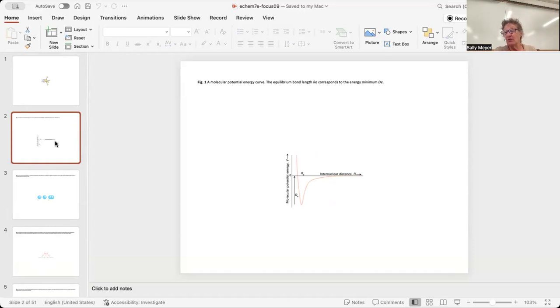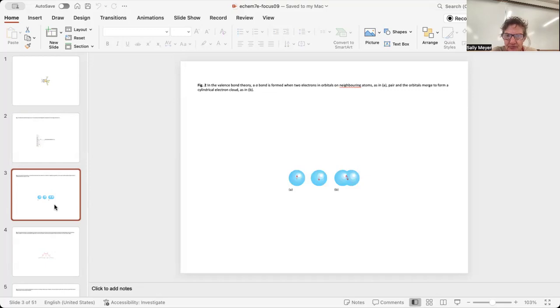You do that over and over, which is called optimizing the geometry. You discover that the best geometry is at the bottom of this well, the most stable point, where the potential energy is the lowest. Let's go back to my notes.